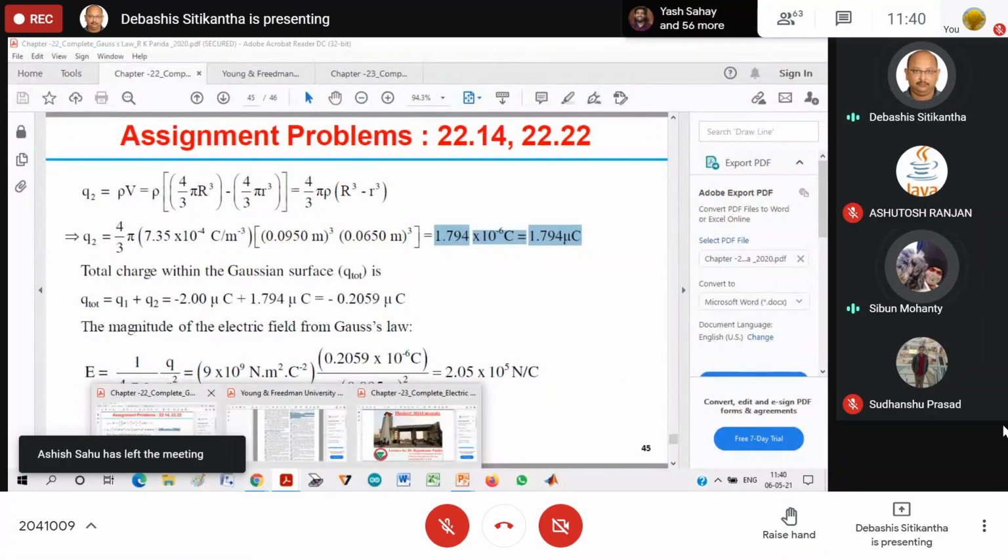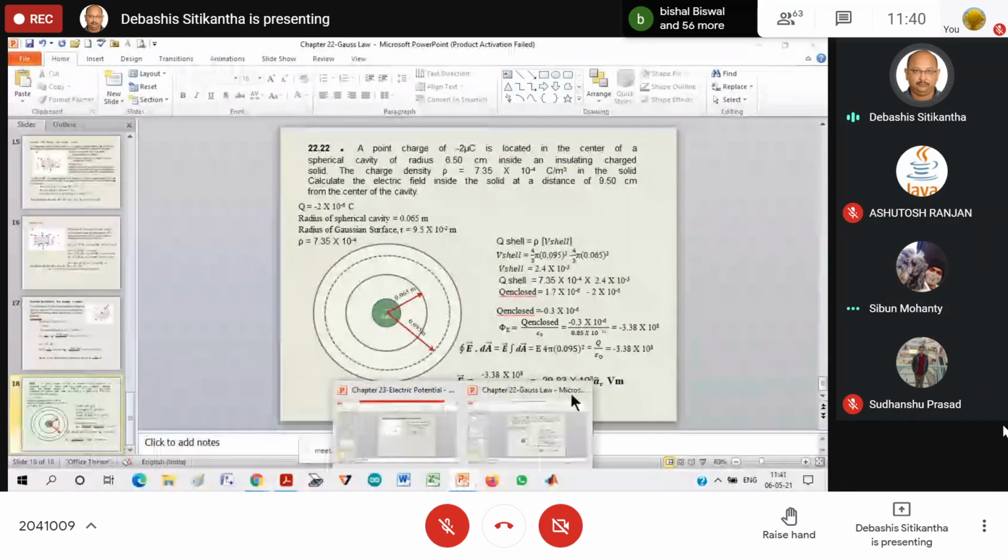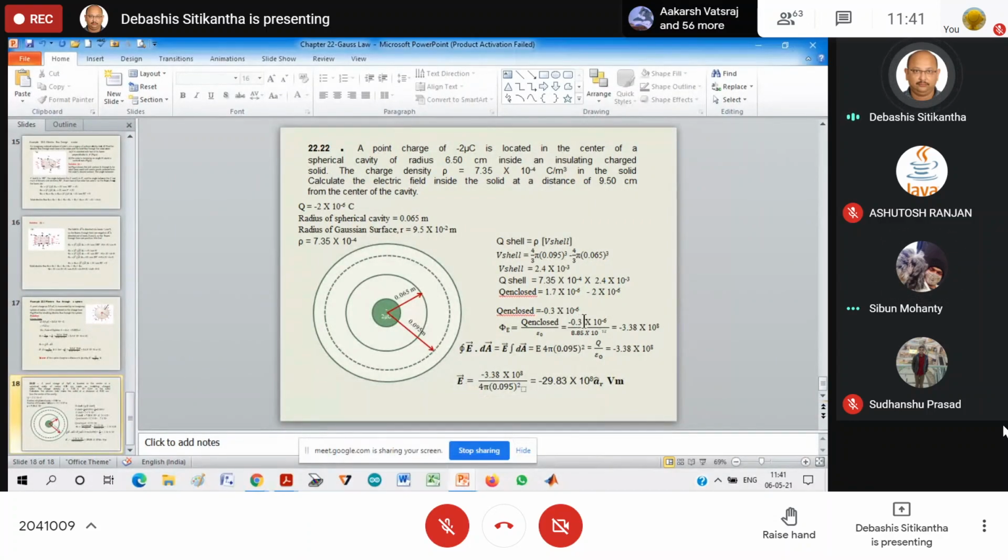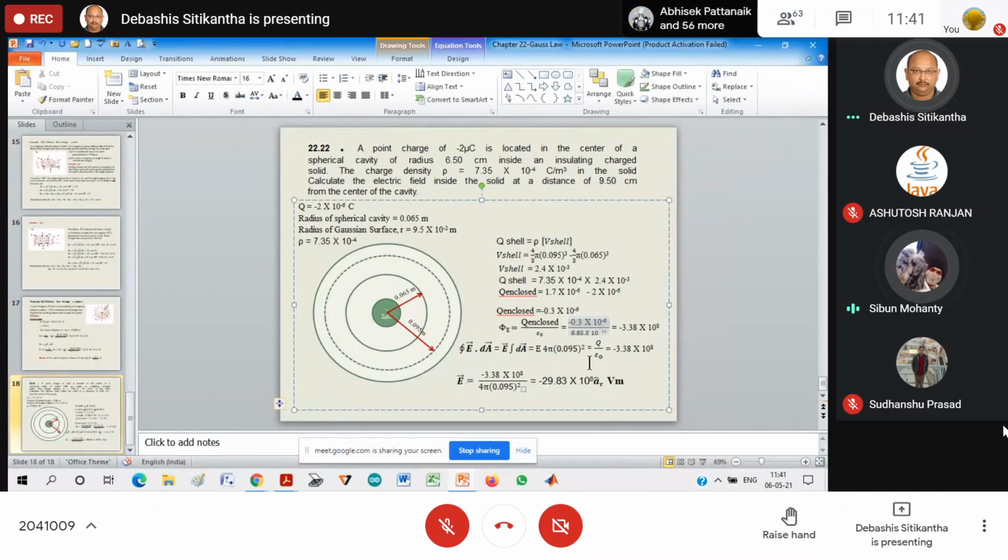So epsilon is equal to 0.0338 into 10 to the power 6. Where is the mistake? Here, the flux. Okay, here the problem is there, right? Yes, 0.0338 into 10 to the power 6. Okay, so this will be 0.033.